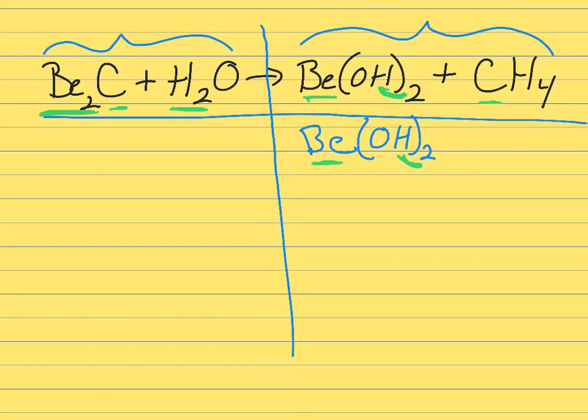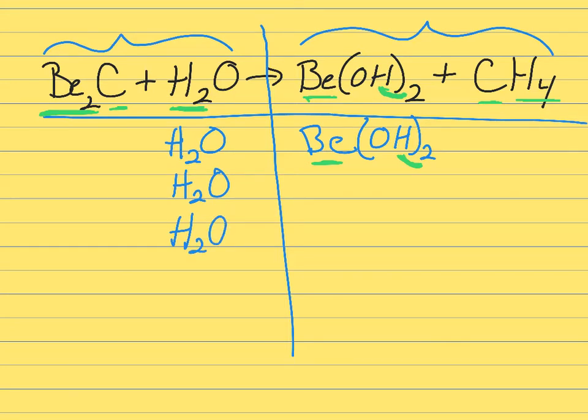So we have 2, we have 4, and then now there's another 4 over in this compound. So there's actually 8 hydrogens altogether. Well, clearly I need more hydrogen in my reactants. I only have 2, so I need more hydrogen. Now I can't just add H6, I have to add H2O and keep adding H2O until I get to 8.